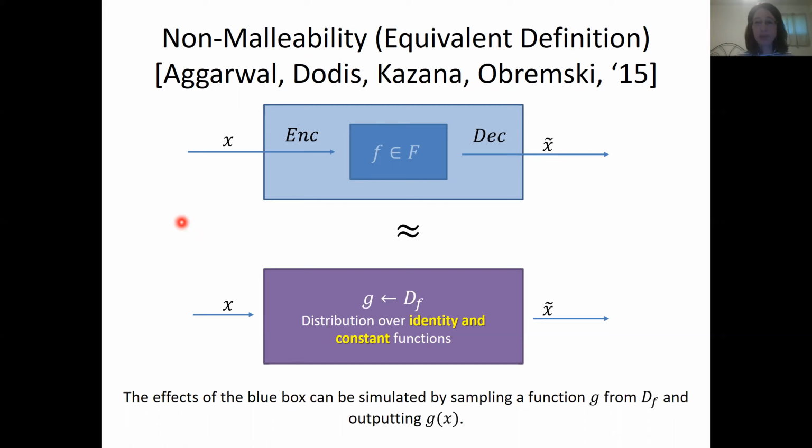Okay, so we can simulate the effects of the tampering experiment by drawing a function g from a distribution over identity and constant functions. And this definition is equivalent to the previous one.